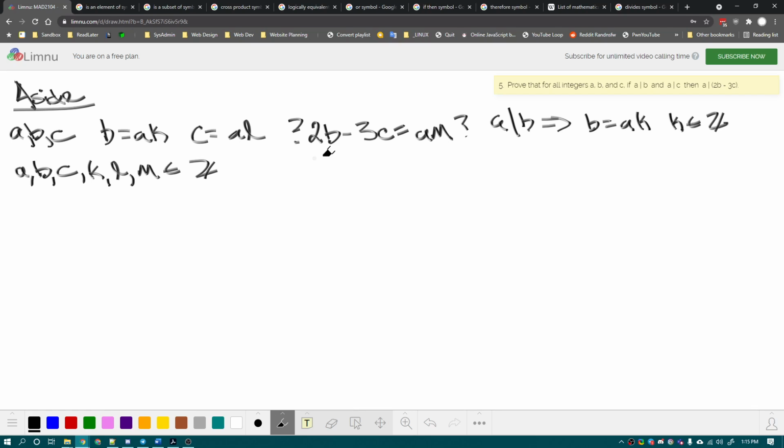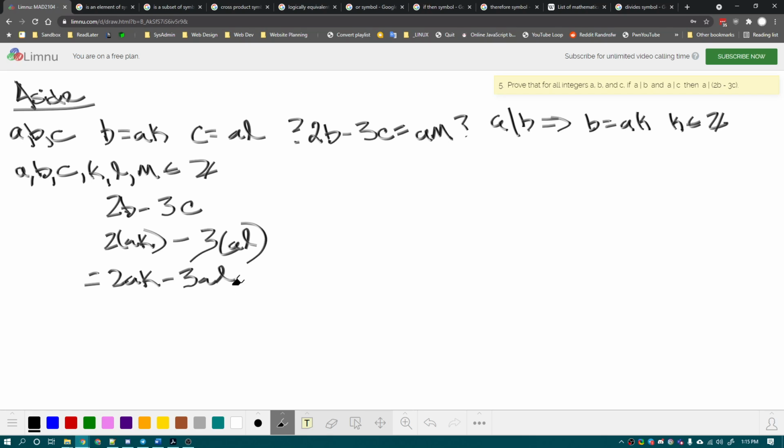So all I'm going to do now is plug in B and C into this equation and see if I can get this form. Right? So 2b minus 3c is equal to 2 times AK minus 3 times AL. That's just 2AK minus 3AL.